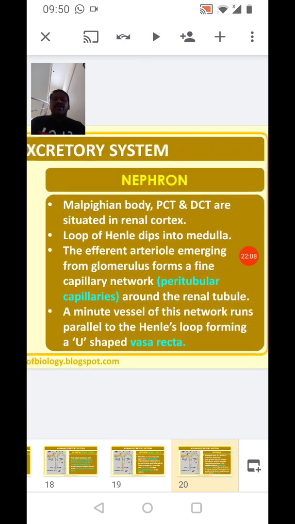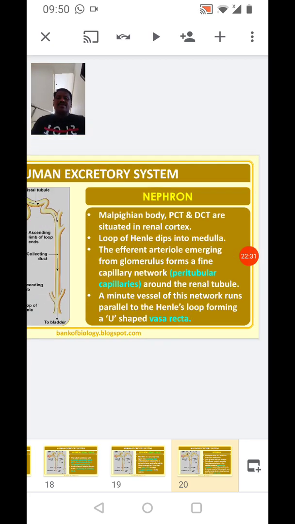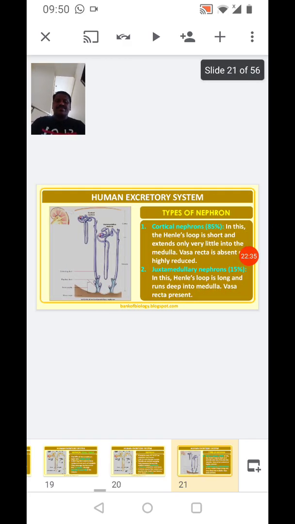Peritubular capillaries means the blood capillaries given by the efferent renal arteriole. Vasa recta means the portion of peritubular capillaries which are close to the loop of Henle. Right? Okay, this is the arrangement of blood capillaries over the different parts of the nephron.